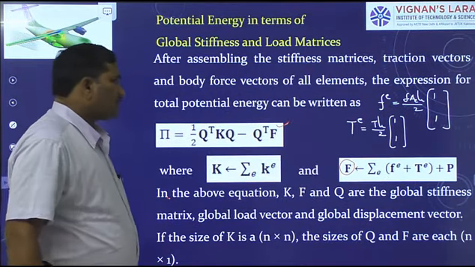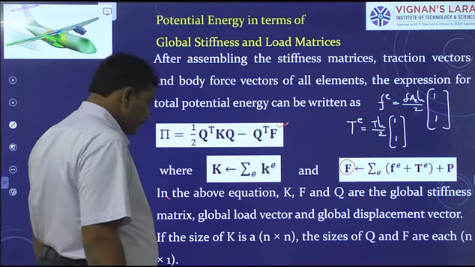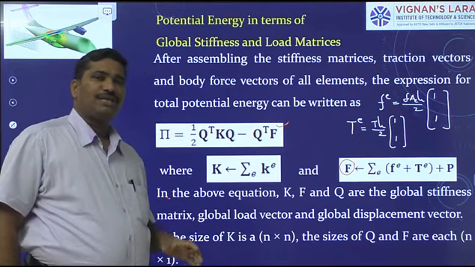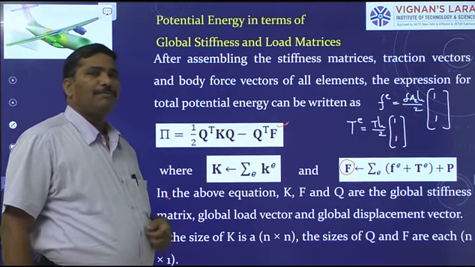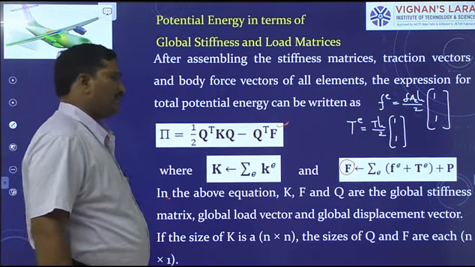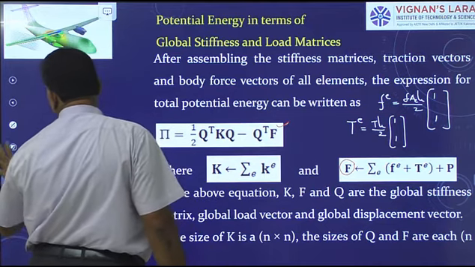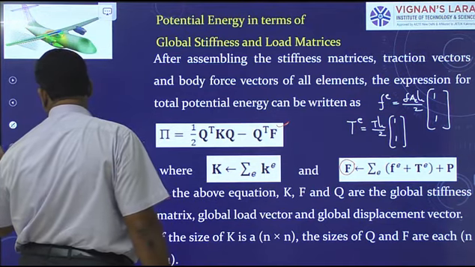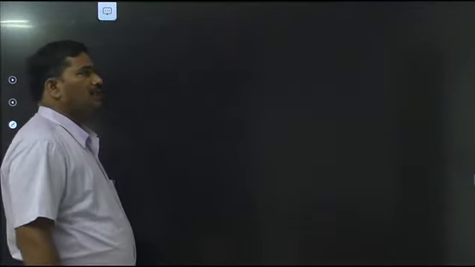Now we shall see how the global body force vector results from the assemblage of element body force vectors. I take an example and explain. So firstly, we prepare the global body force vector.